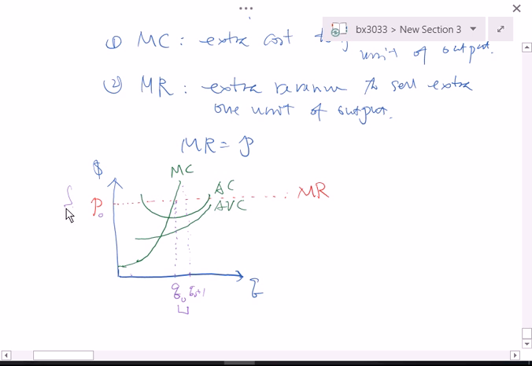It's this many. The marginal revenue is, I can sell this unit at the market price of just this many. So clearly it's not a good deal to produce one more unit after Q0.